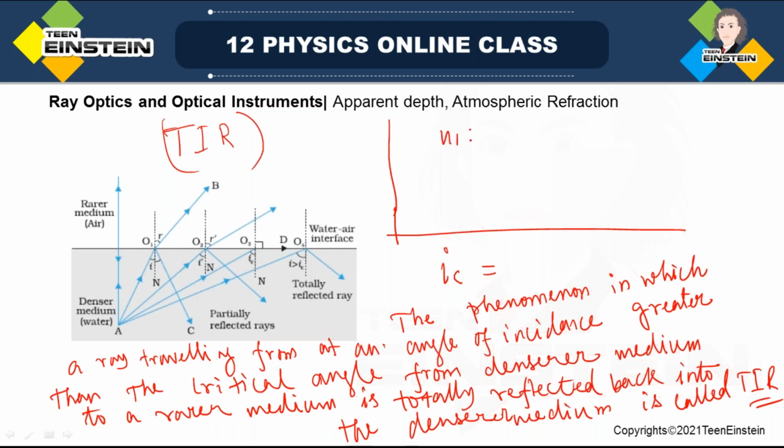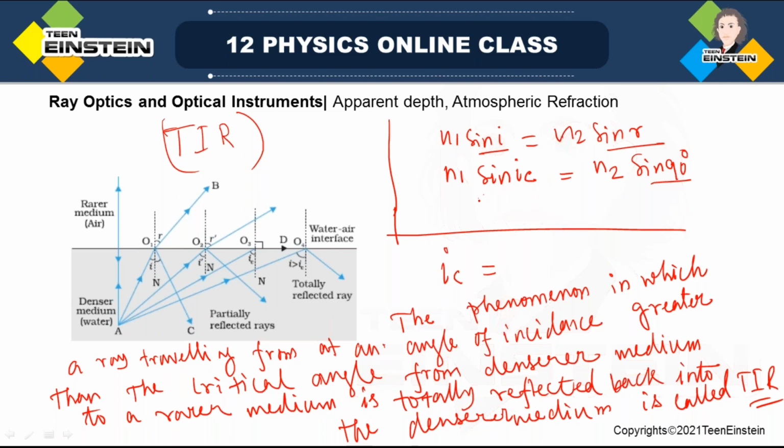I'll write Snell's law: N1 sin I equals N2 sin R. Suppose my angle of incidence is exactly the critical angle of incidence, then R will be 90 degrees, so sin R will be sin 90 degrees, obviously.